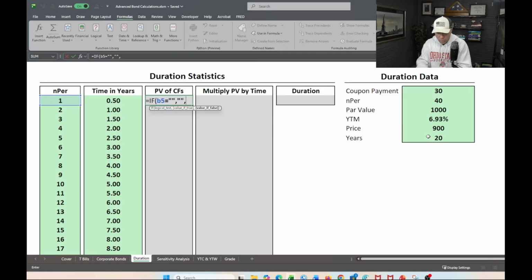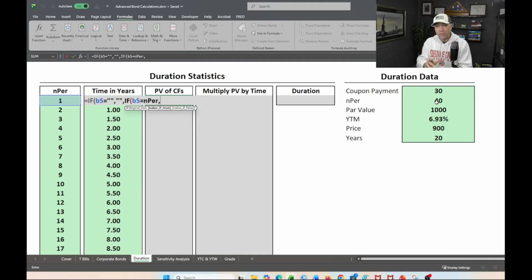So what we're going to do is go IF. Okay, so if B5, so that's the years again, right here. If B5 is equal to NPER, I want you to really think what that means. If this year is equal to the 40th payment, that means that's the year I'm going to add in the par value. So if it's equal to that, I'm going to go comma. Again, I don't memorize these equations. I totally understand this equation, right?